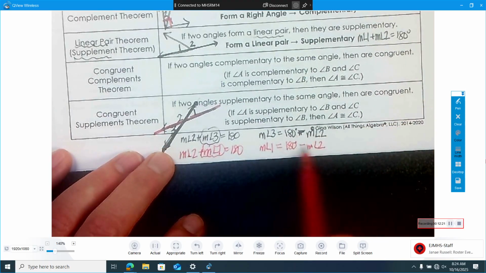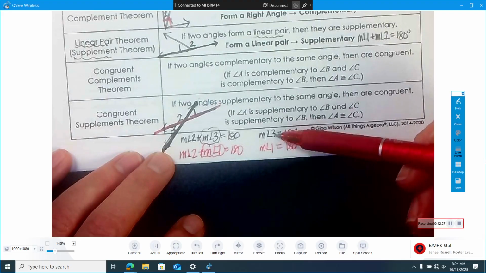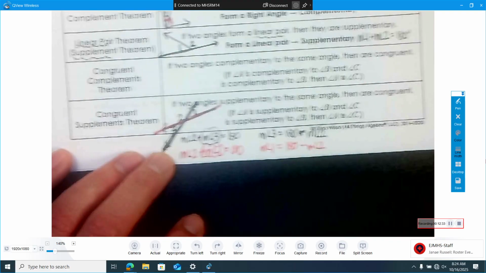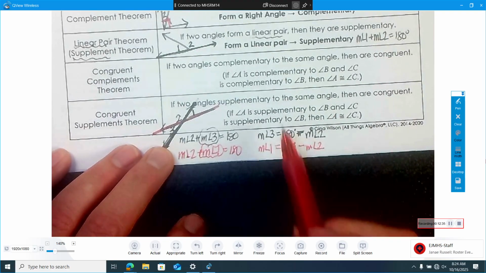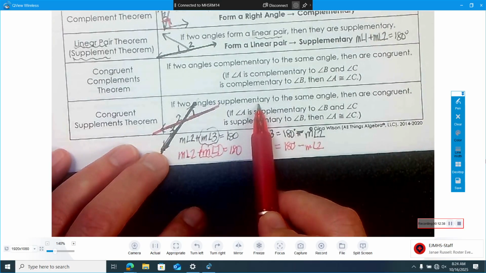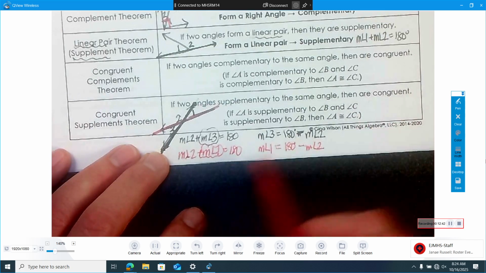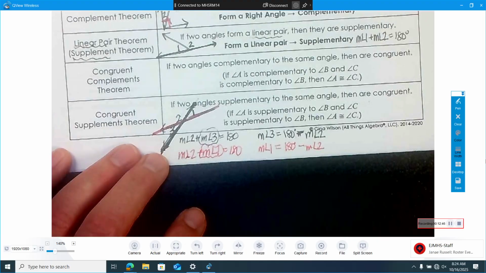Wait a minute. Aren't these the same exact thing? Okay. So if these are the same exact thing, what does that mean about angle 1 and angle 3? They're also the same thing. Okay. So that's the reason, the math as to why, if we have two angles supplementary to the same angle, then those angles, angle 1 and angle 3, are congruent, okay?